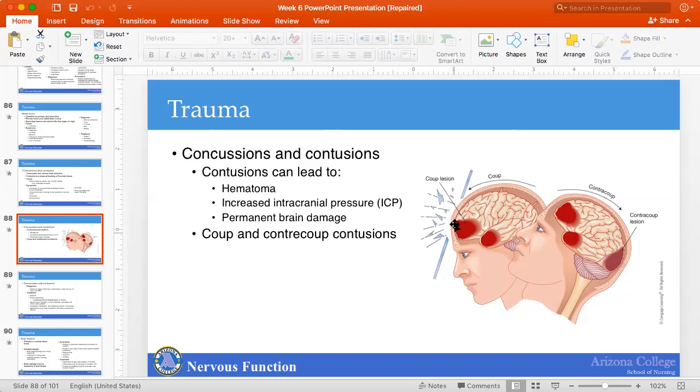So depending on where they hit and where the coup and contrecoup areas are, you could have areas of damage in multiple locations leading to multiple symptoms that may not be related to the initial impact.